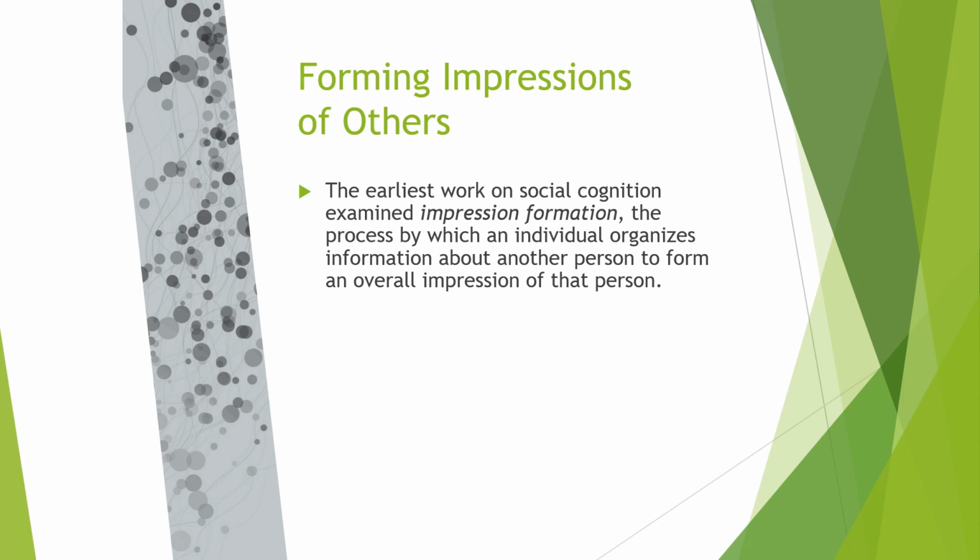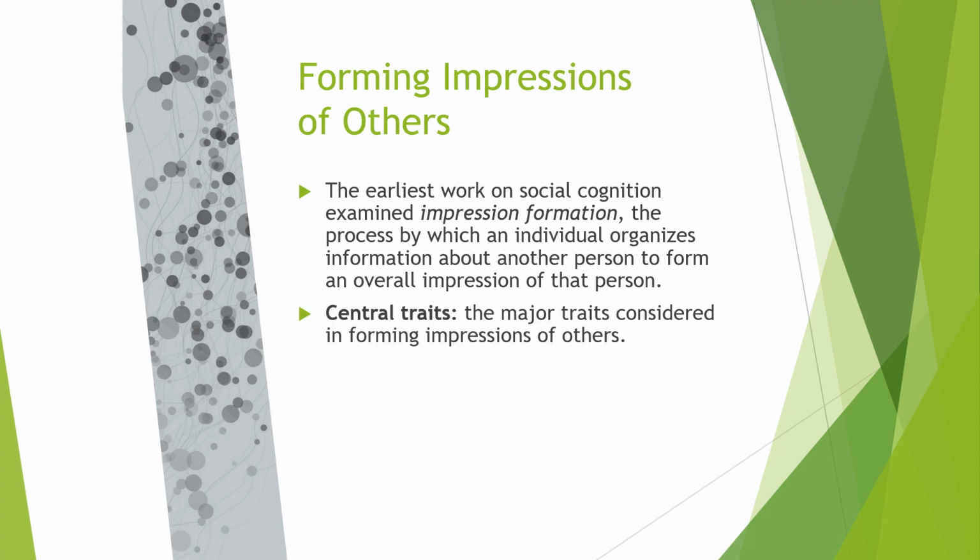So again, let me reread that. Impression formation. I keep wanting to say it incorrectly. Impression formation is the process by which an individual organizes information about another person in order to form an overall impression of that person. And we do this through what are called central traits.